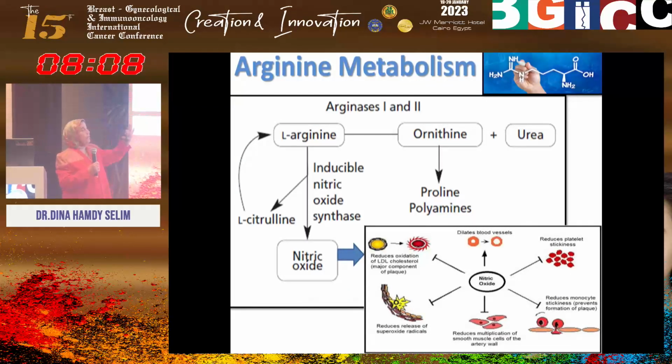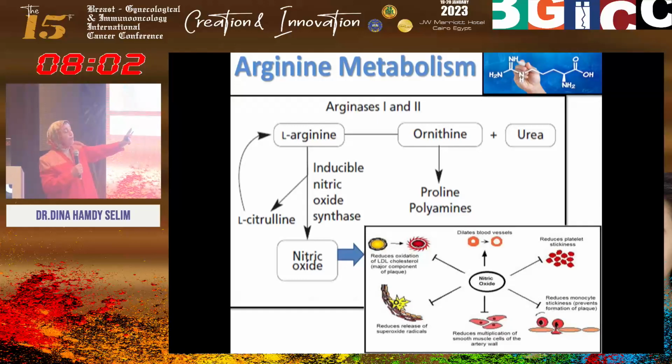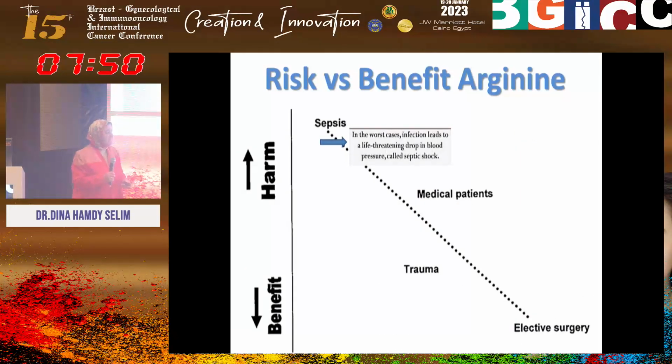Example, arginine. Arginine has 2 pathways. One pathway is for proline, and this benefits wound healing. The other pathway produces nitric oxide, which is a vasodilator. If our patient is suffering from cardiac disease, it's beneficial for him.